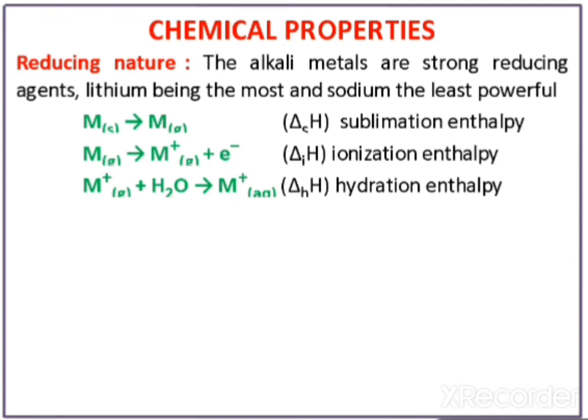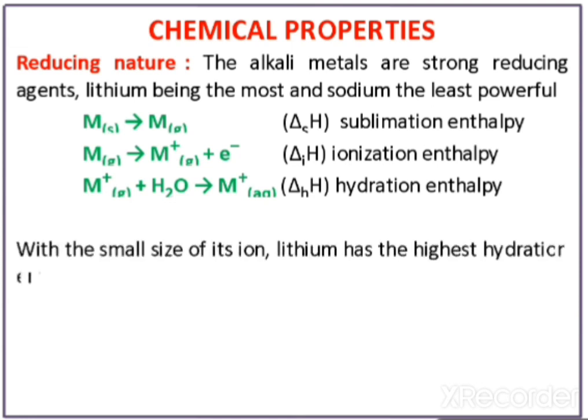After that, ionization takes place, and after that, hydration enthalpy. So all these three types of enthalpies are there. Now what is enthalpy? Enthalpy is a type of energy. So first we convert solid into gas, energy is required. Then we convert gas into ion, energy is required. Ion into aqueous solution, this ion is surrounded by H2O.